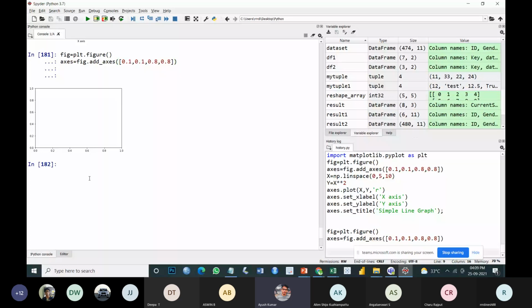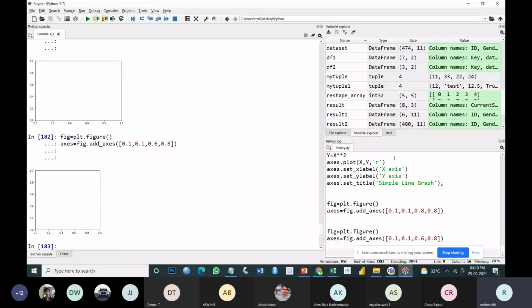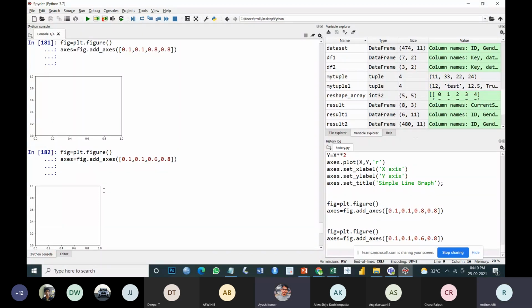Sir, what's the significance of 0.1, 0.1? These are all constants. The 0.8 is the width of the x-axis. For example, if I decrease 0.8 to 0.6, then the width decreases. Previously it was 0.8, now it is 0.6, so it decreases the width.